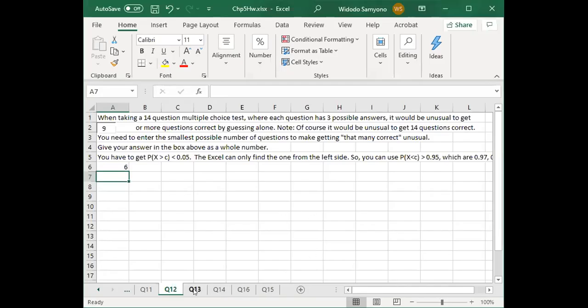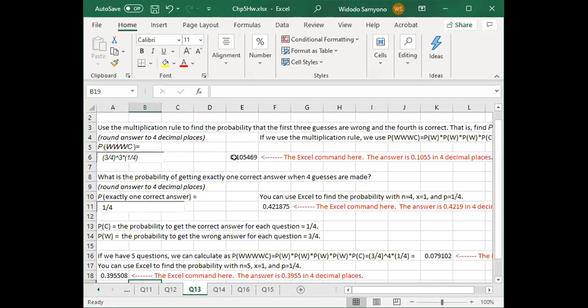For number 13. Okay. So in here, how many possible answers you have? 3, right? So for the 3 possible answers, the correct answer will be 1/3, right? And the wrong answer will be, if you subtract 1/3 from 1, you got 2/3, right?